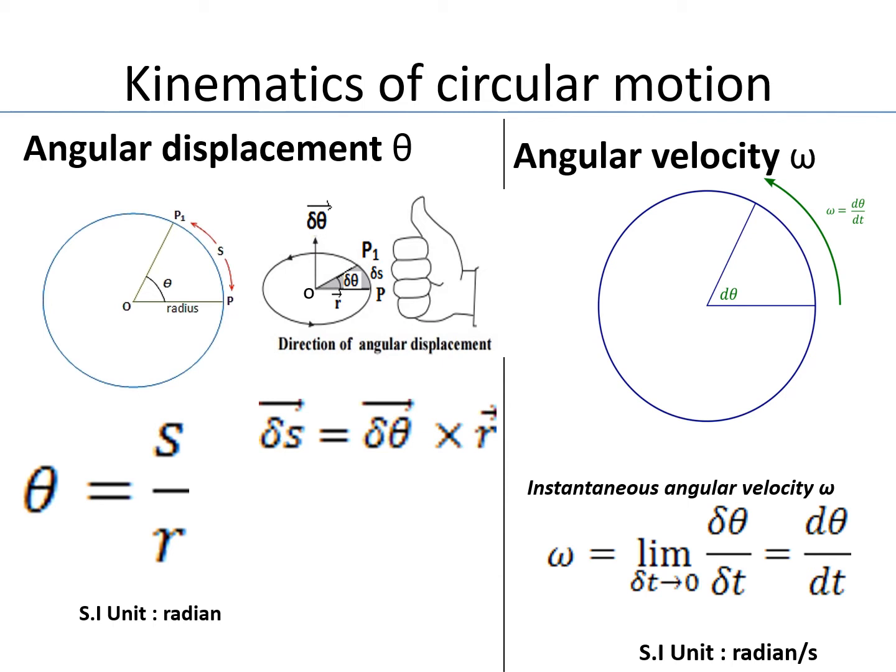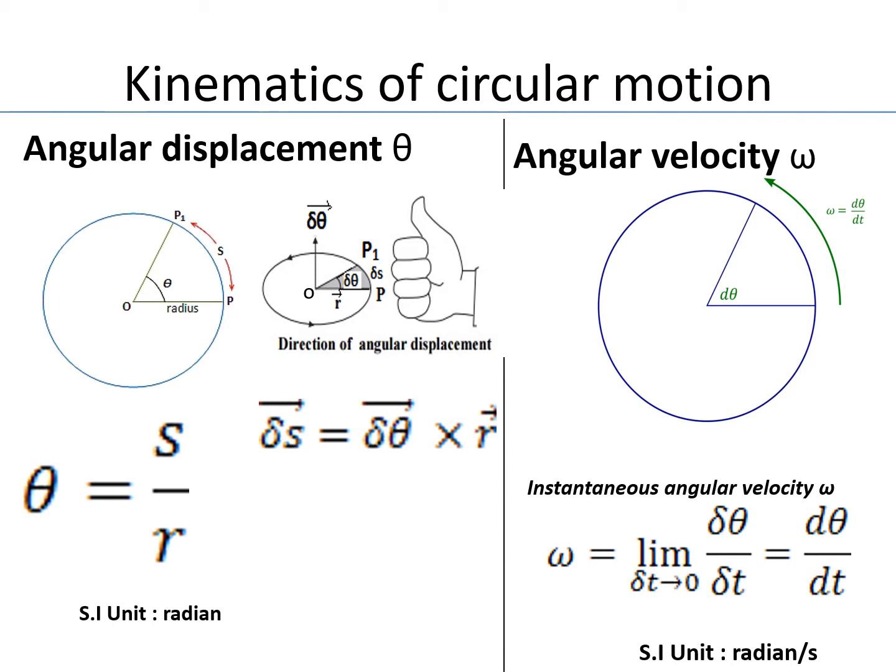Mathematically, I can write down the same as delta S is equal to delta theta cross R. If you observe figure 2, you will find the vector delta theta cross R is in one plane and delta S is perpendicular to the plane containing delta theta and R.